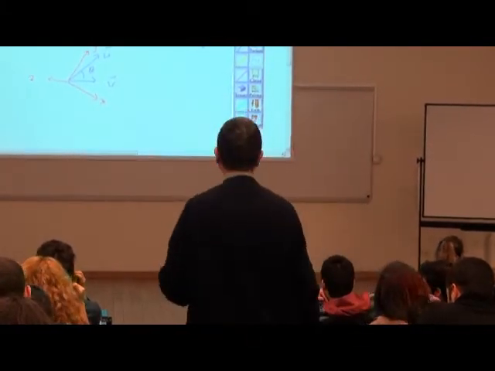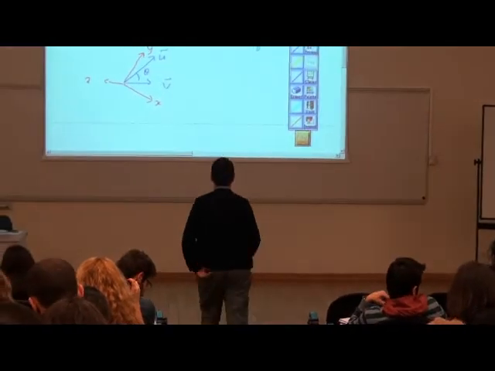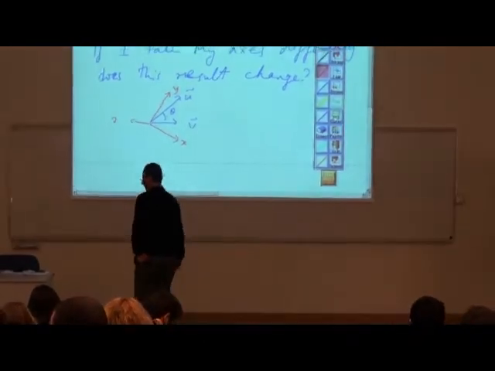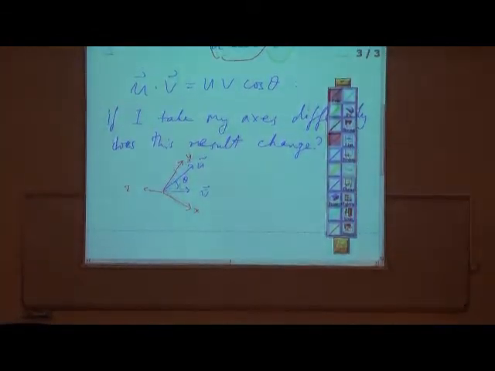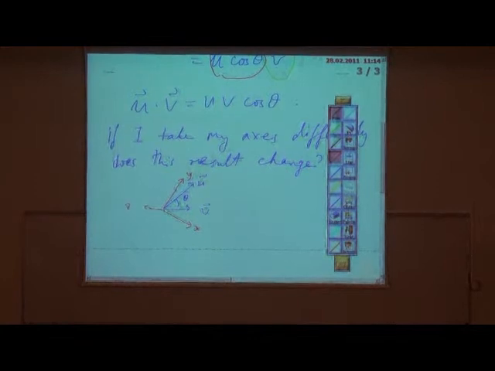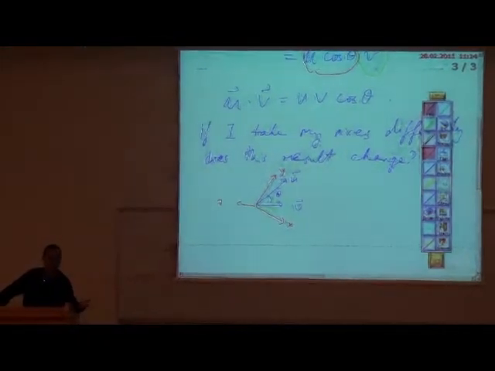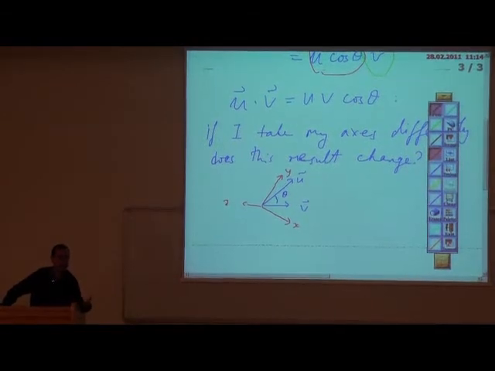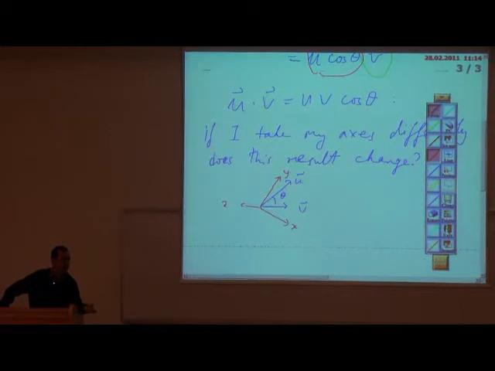Now let us do one example together. Now why am I introducing this concept? Because it's useful. Because it has applications that help us understand things and calculate things in science. Okay?